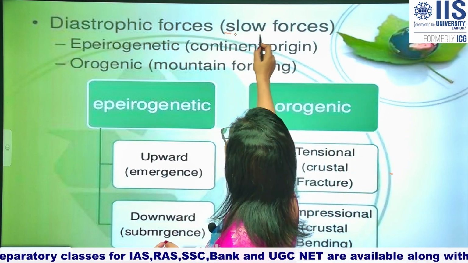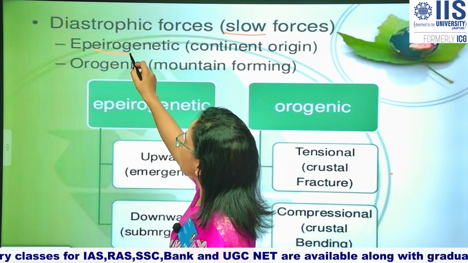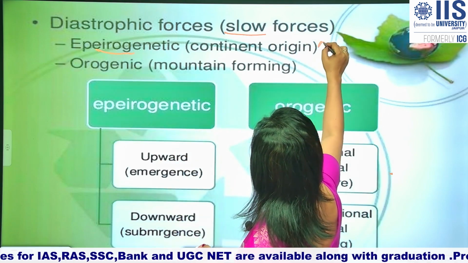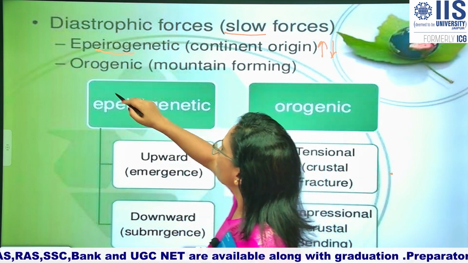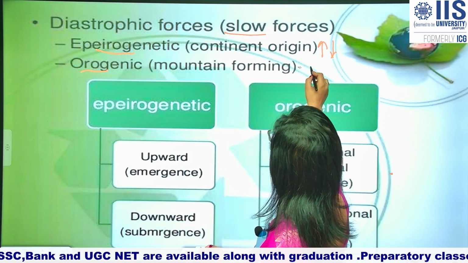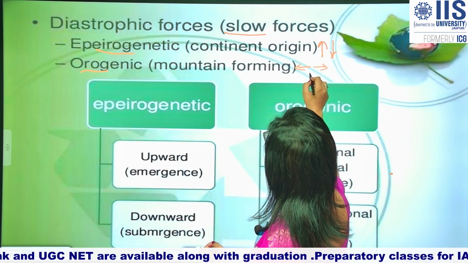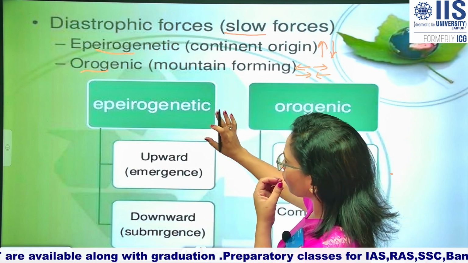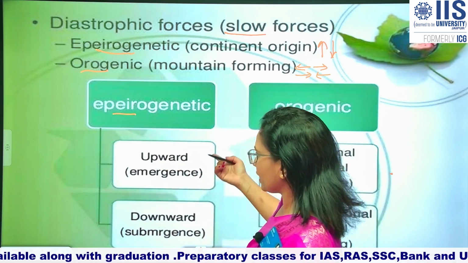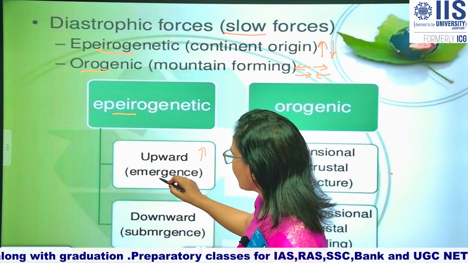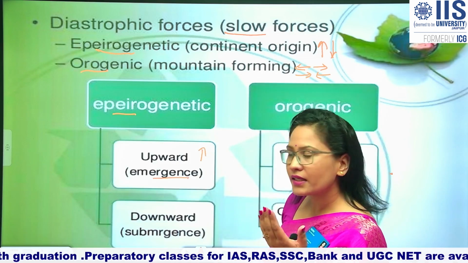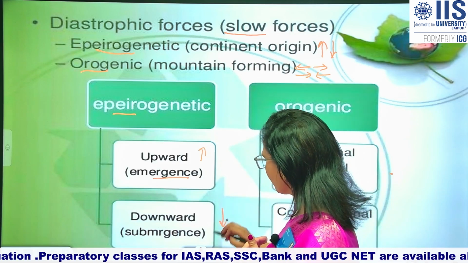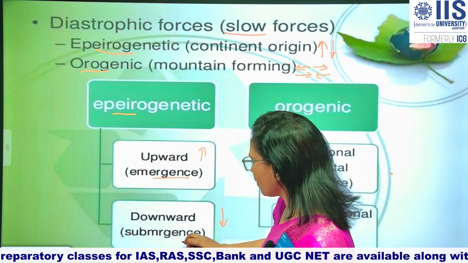right? Slow forces can be vertical, upwards, downwards. Orogenic means they are moving apart from each other or moving towards each other. If the movement occurs vertically upward, then it will be known as emergence, and if it is moving downwards, then it will be known as submergence.